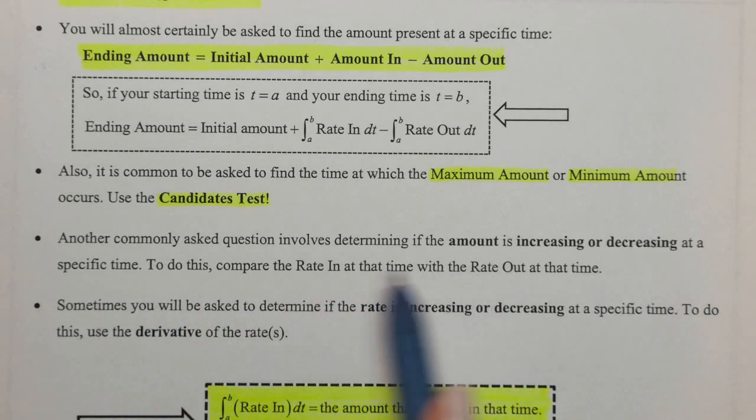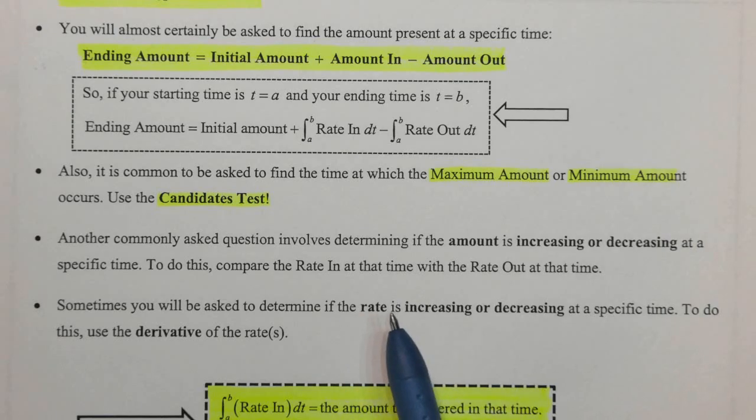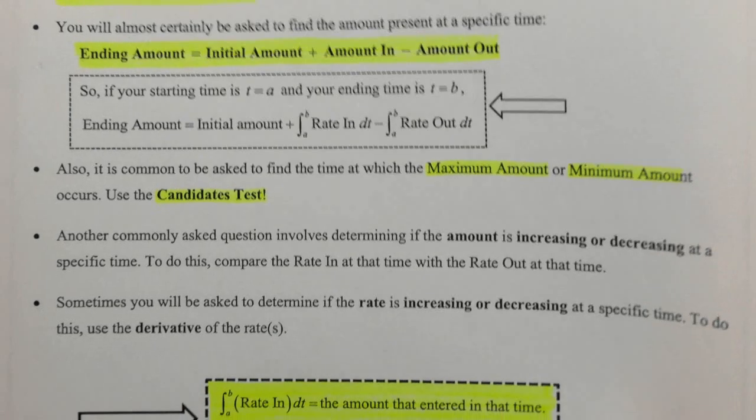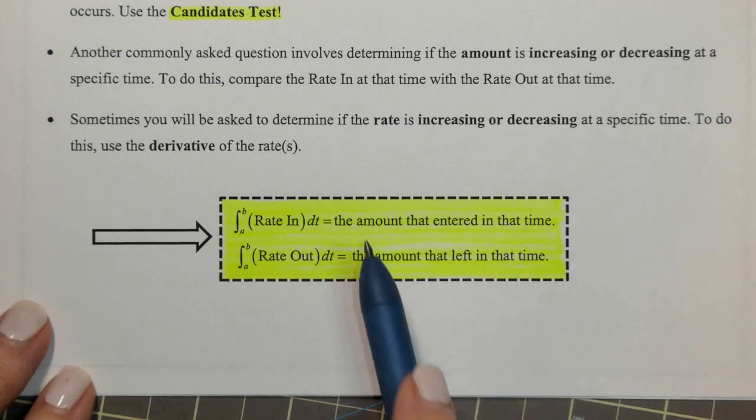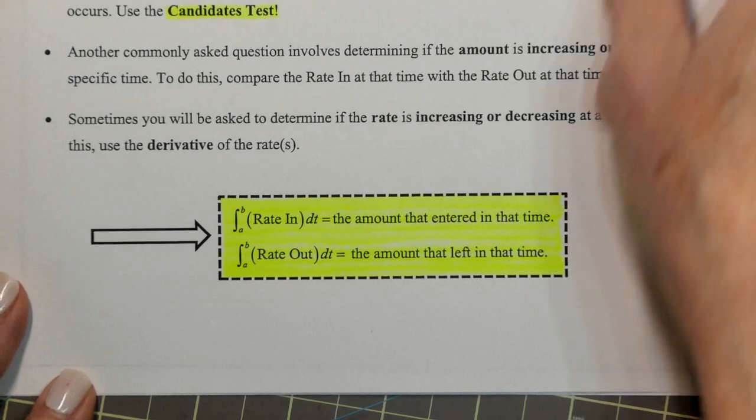For that, you just use the rate in and the rate out. But sometimes they ask you if the rate is increasing or decreasing at a specific time. To do that, you need to find the derivative of the rate. Okay? Rate in, rate out. All right, so that's a recap of those two very important concepts for these.